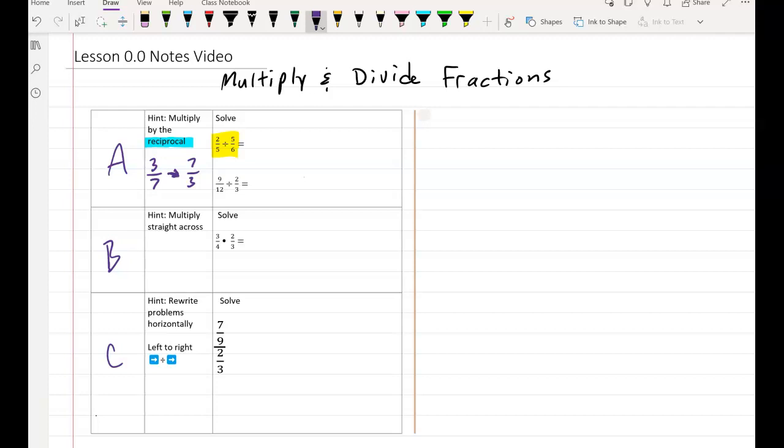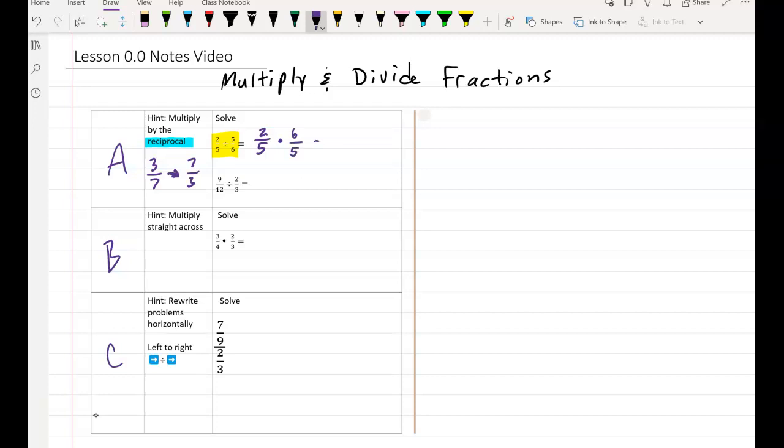Okay, so let's take a look at 2/5 divided by 5/6. We are going to multiply by the reciprocal, but not of both fractions, just the second fraction. So the first fraction stays exactly the same. Do not change it. And we're going to change division to multiply. And the second fraction was 5/6. We're going to make it the reciprocal, so now we change the order of those, 6/5.